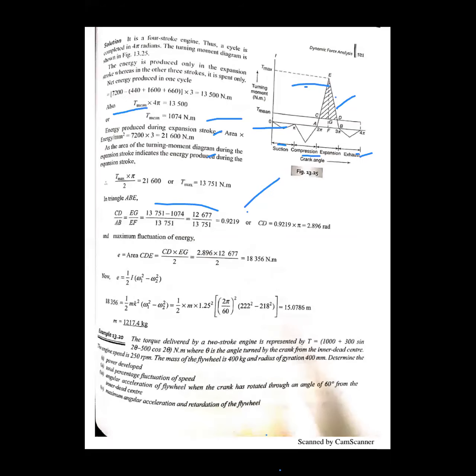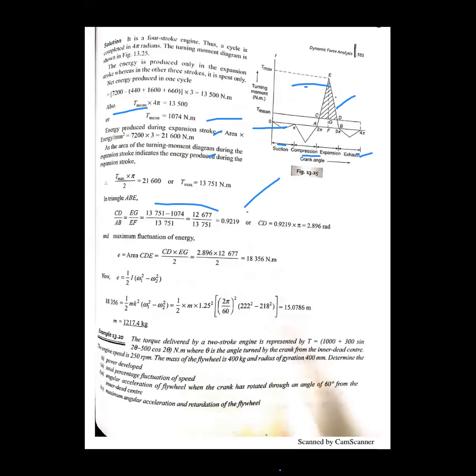So CD by AB equals EG by EF. The EG value is EF minus FG, that is 13,751 minus 1074, by EF which is 13,751.